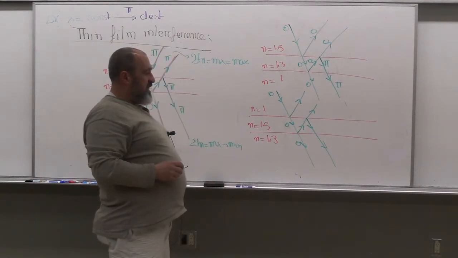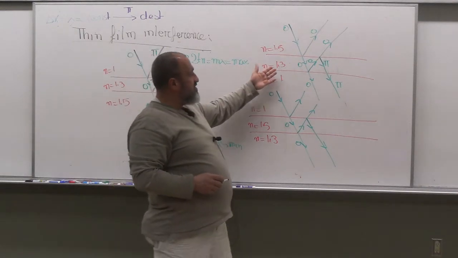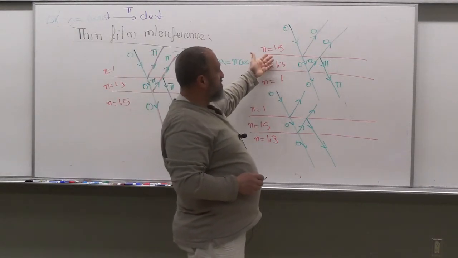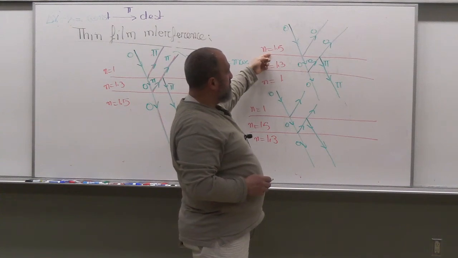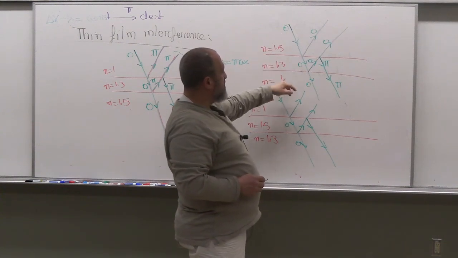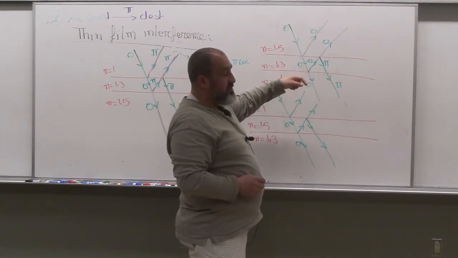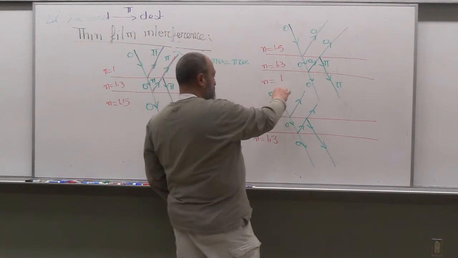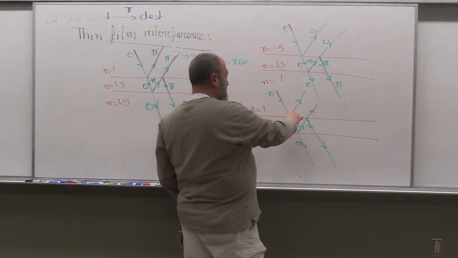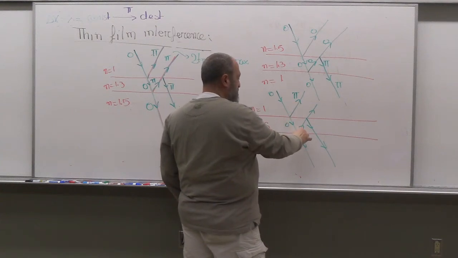And let's look at these guys here. Had one of these undergone 2 phase flips, say this was 1.4 here, then you'd have an interesting situation. We'll do that next. So this is 0, and upon reflecting from 1 to 1.5, I have a pi. 1.5 to 1.3, this is still 0.